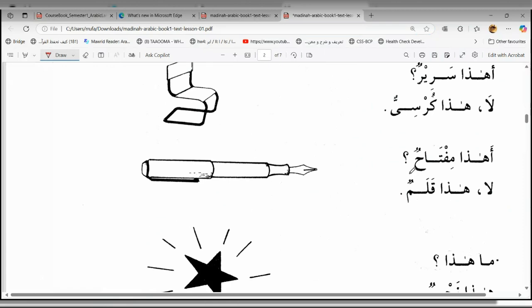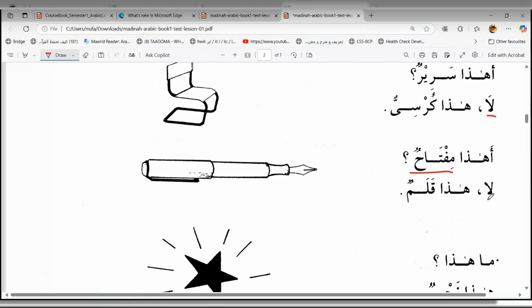This is a key. Is this a pen? No, this is a pen. So it's introducing the second word for answering questions of this type.